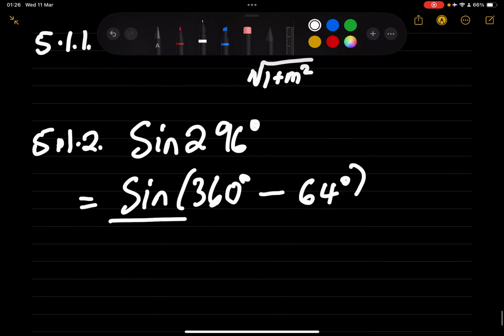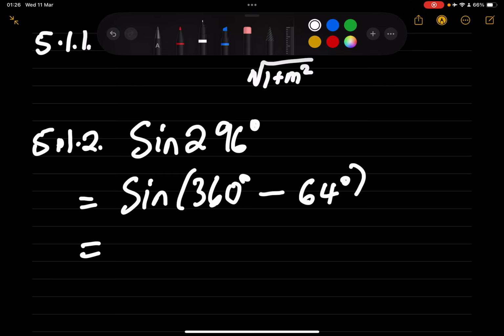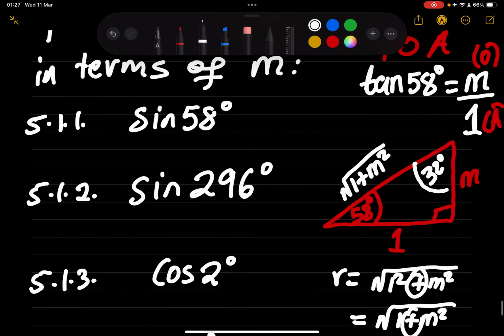And this is in the fourth quadrant because 360 is here and minus is here. So in the fourth quadrant, it's going to be negative sine 64 degrees. And sine 64 degrees, we do not have on the triangle.